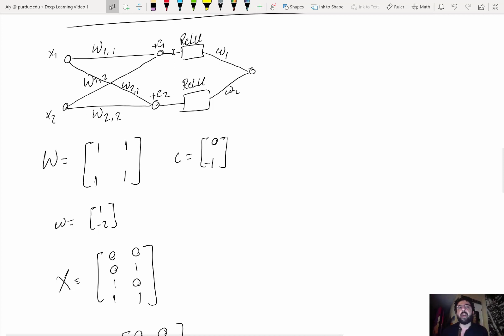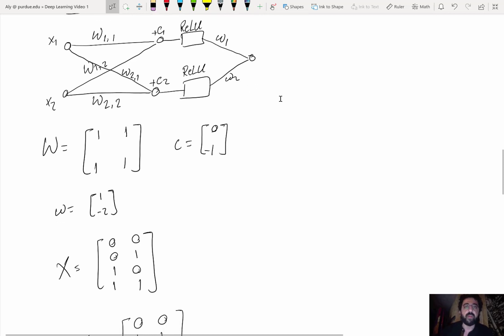The output of these intermediary solutions is followed by ReLU activation functions. The first output is multiplied by w1 and the second by w2, and then they are added together for the final solution.